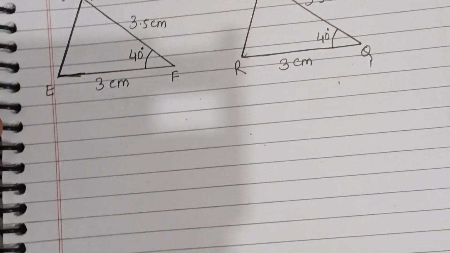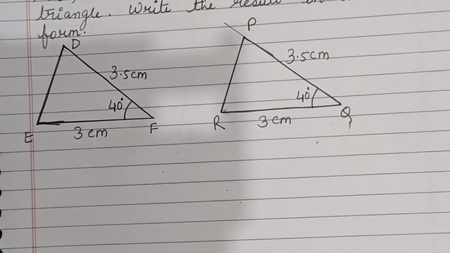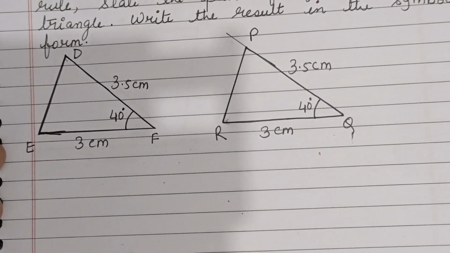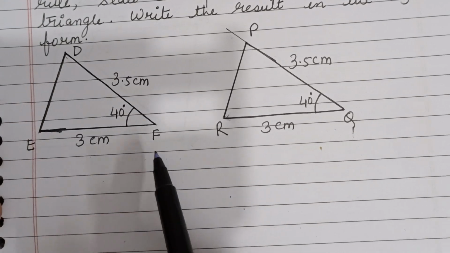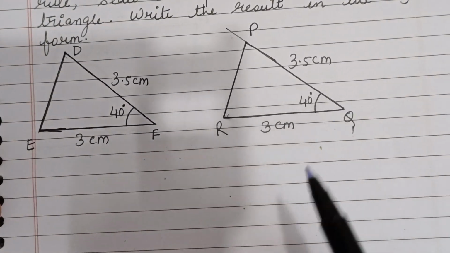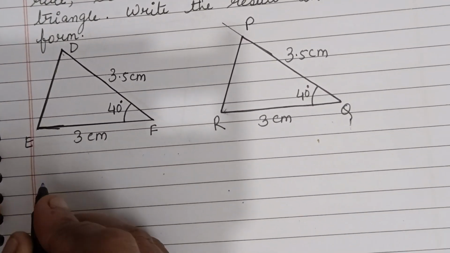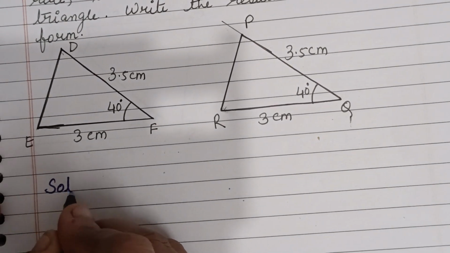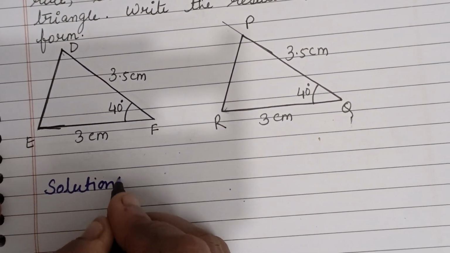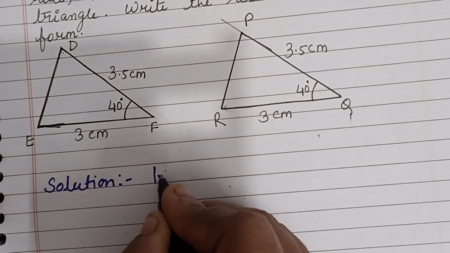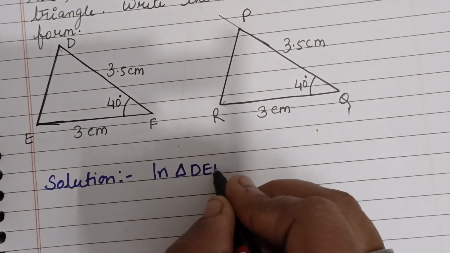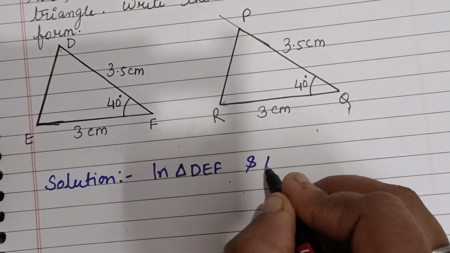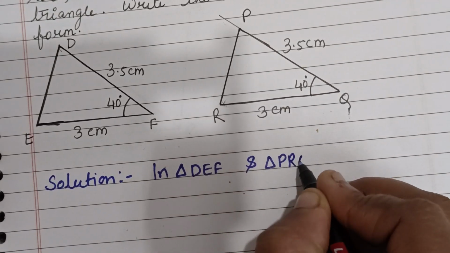At first we should see the names of the two triangles. Here we have triangle DEF and triangle PRQ. When we write the solution, we need to mention the names of the triangles first.